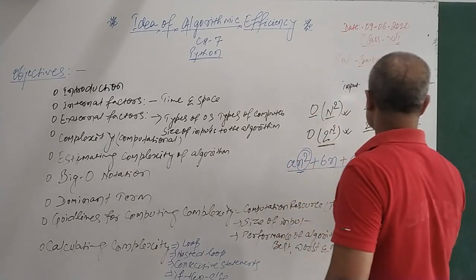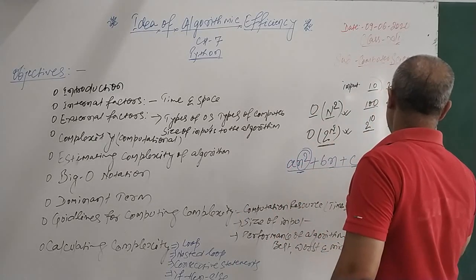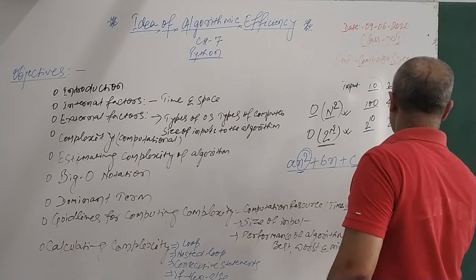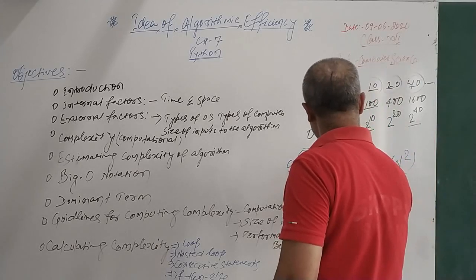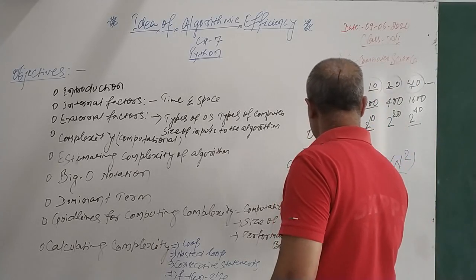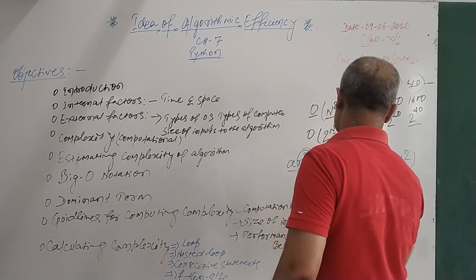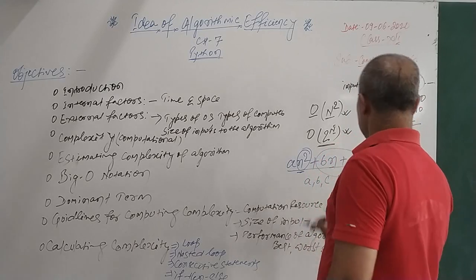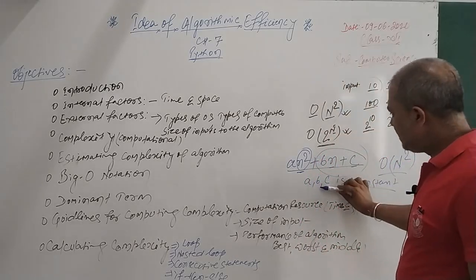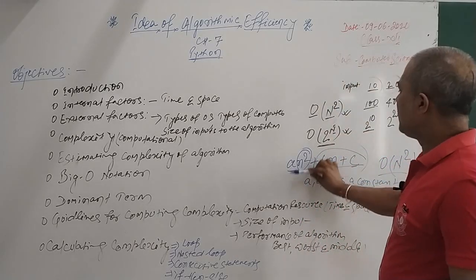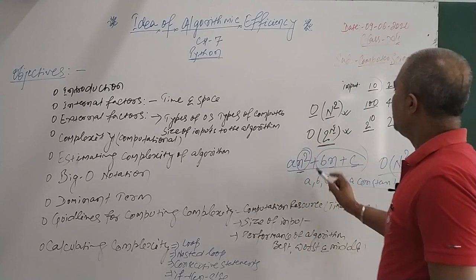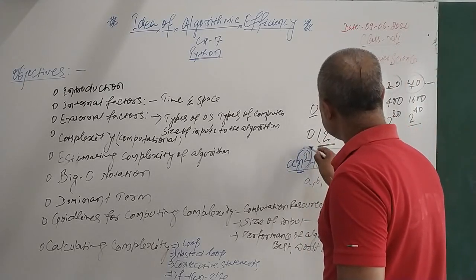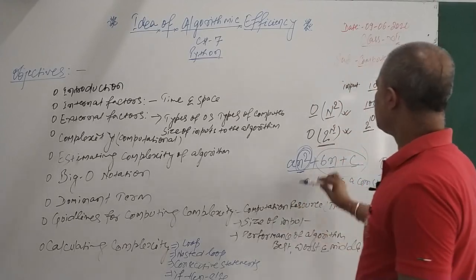So we'll only consider O(n square), and ignore the rest of the expression, where a, b, c are constants. For constant values of a, b, c, in the expression a n square plus bn plus c, n square will be considered as the factor for measuring the efficiency of the algorithm.